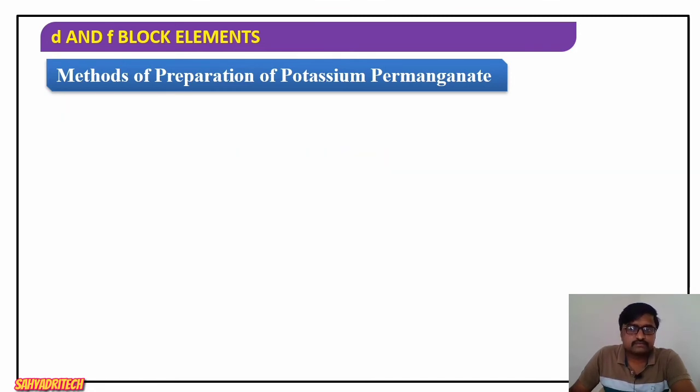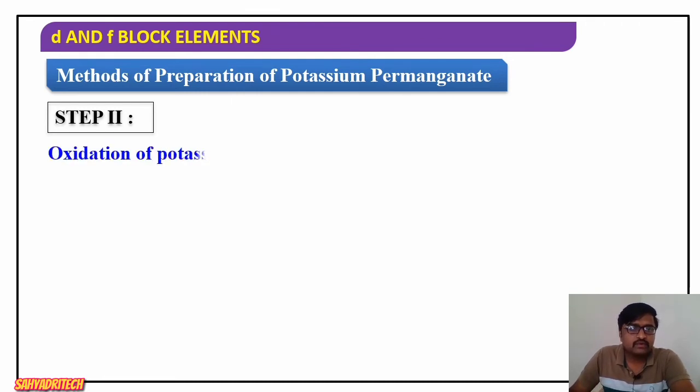That is the first step. In most of the reactions, pyrolusite ore fused with potassium hydroxide in presence of KNO3 or oxygen, the resultant will be potassium manganate, K2MnO4. Now, in the second step, we have to convert potassium manganate into potassium permanganate, that is oxidation of potassium manganate.